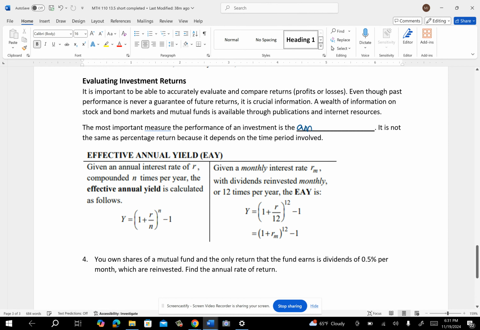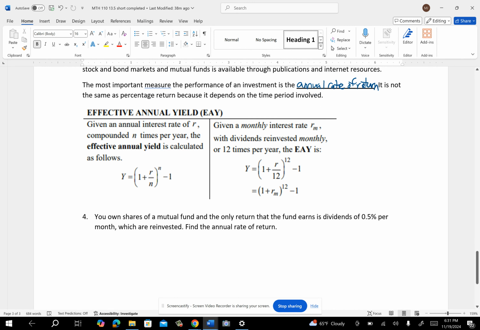So an annual rate of return, it's like effective annual yield, would be good to know. Okay. So it's not just the percentage return, but in 1 year, what is our percentage return?